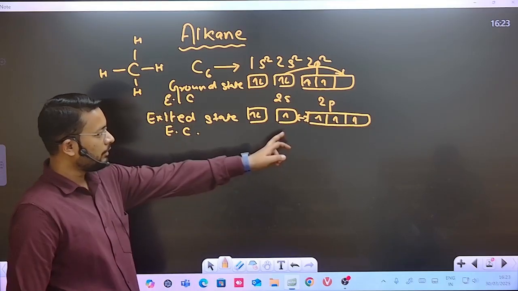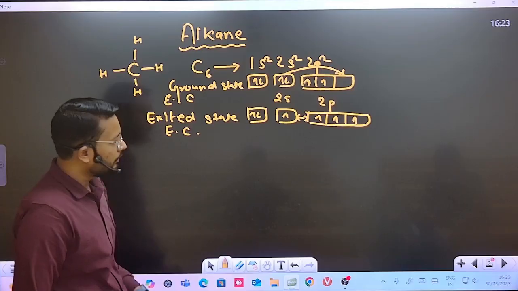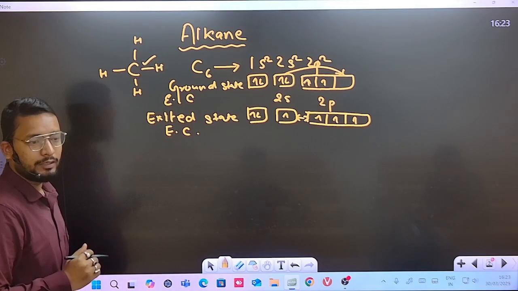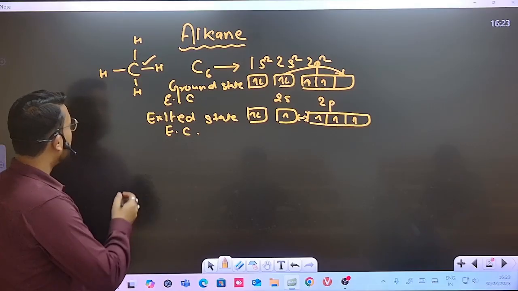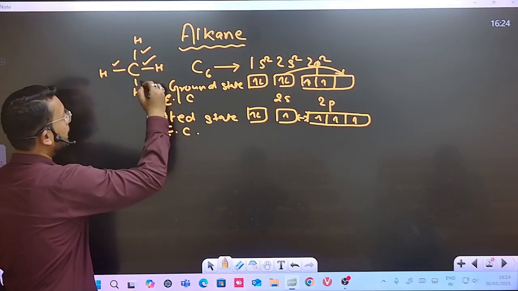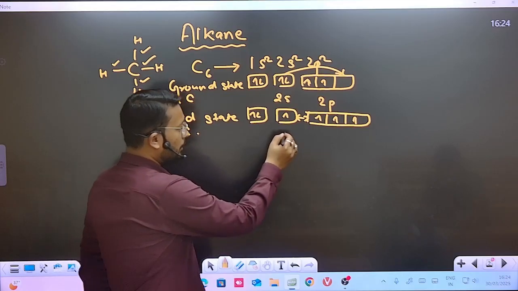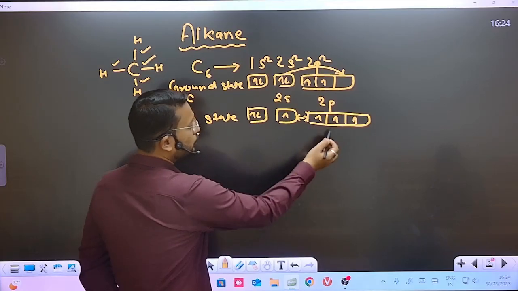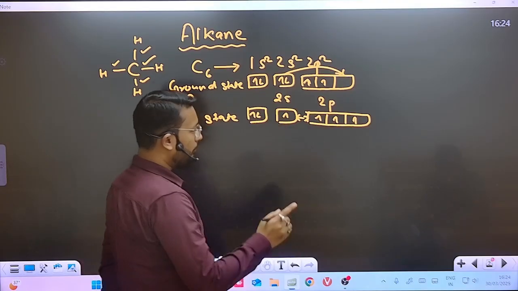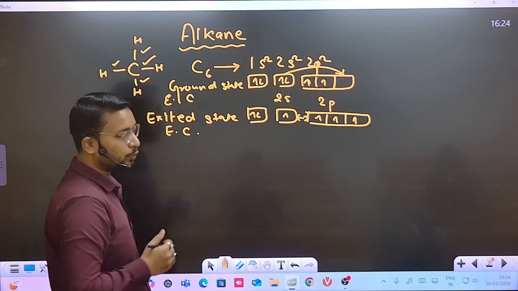If I make a bond with the hydrogen atom, one bond would be lower in energy. But we all know that the 4 bonds in a carbon atom are of equal length and equal energy. If I do bonding with this 2s and this 2p, then the bond formed with 2s would gain less energy compared to 2p.